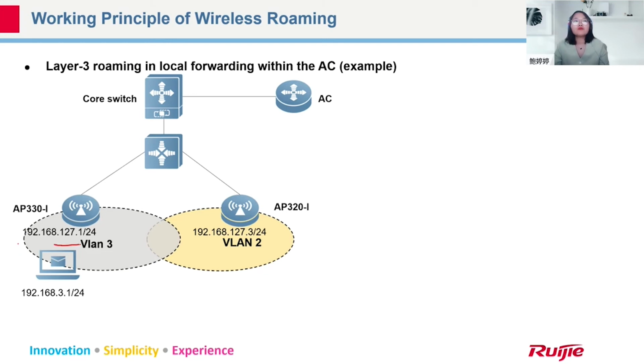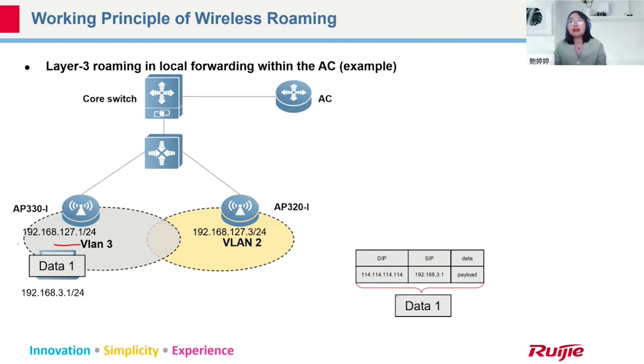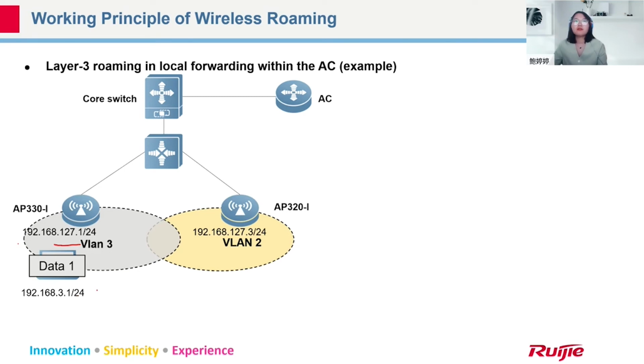And here is the IP address of the AP, and another AP's IP address is 127.3. In this process, once the station wants to send out a message, the destination IP address is 112.114.114.114. The source IP is the IP address of the station. Then the station will first send the message out.